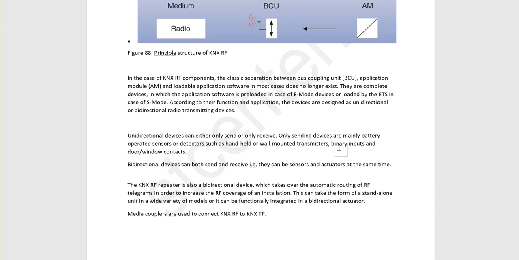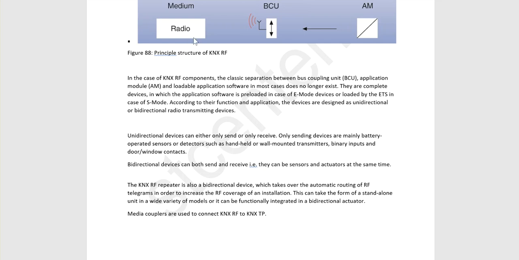For door-window contacts, for example, you can see the wireless from Siemens. Or for sensors, for example, I think MDT devices, maybe they have it.